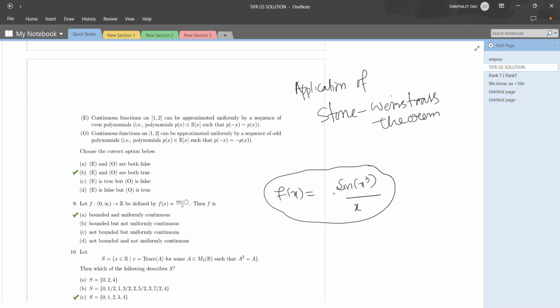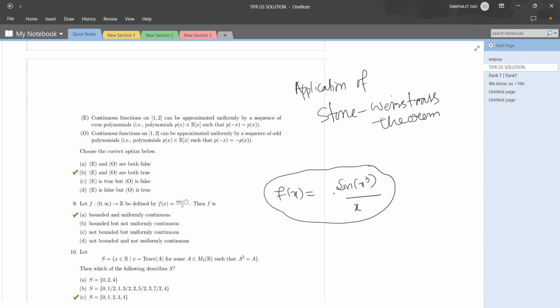If I want to solve all the problems, the video will be very lengthy. But this one is easy, because you can easily check this is bounded. First of all, this is less than 1 by x, right? So if x is greater than 1, then it is clearly bounded, there is no problem.